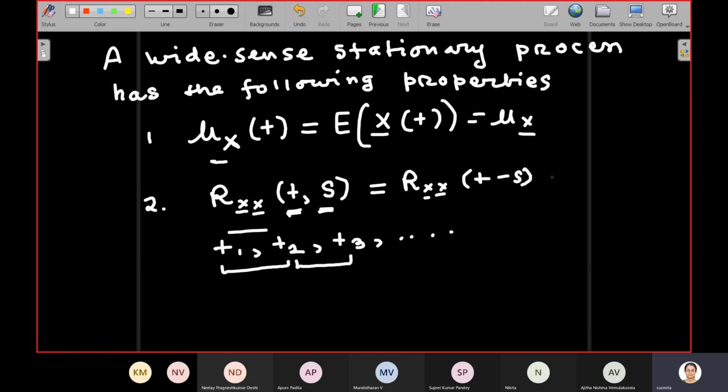Even without seeing the process in the time domain, just by seeing its frequency domain properties, we can derive important information about the process in the time domain. For example, if we have a process which has a large bandwidth in the frequency domain, we know that the process changes fast in the time domain, it evolves fast in the time domain, right? Similarly, if we have a narrow bandwidth process, we know that it has a sluggish response in the time domain, right?